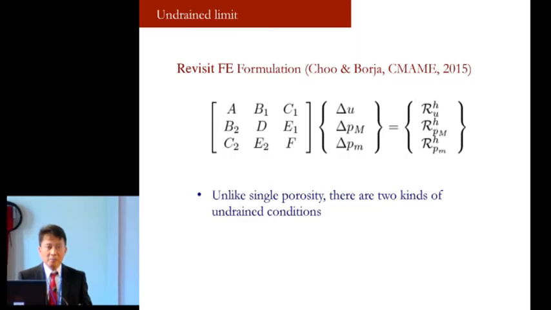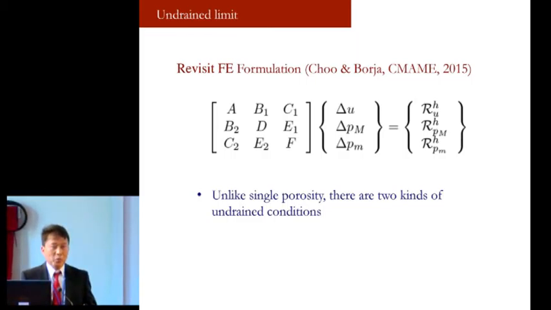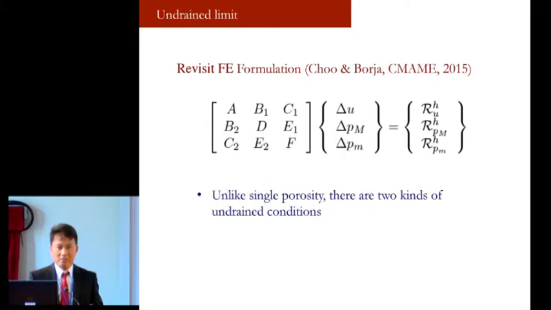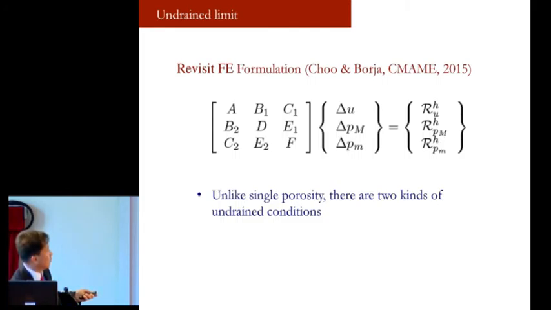In the undrained limit, and this is the last topic that I'm going to talk about, we have to also consider the fact that our system could suffer from the LBB instability associated with volume constraint, except for the fact here that we now have to accommodate for two pore pressure variables. Once again, we revisit the finite element formulation of this form.